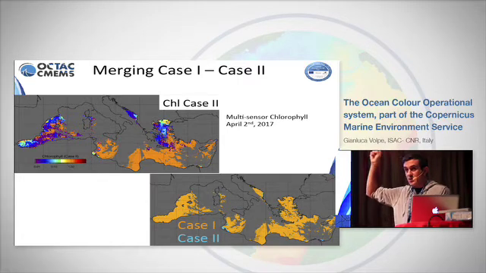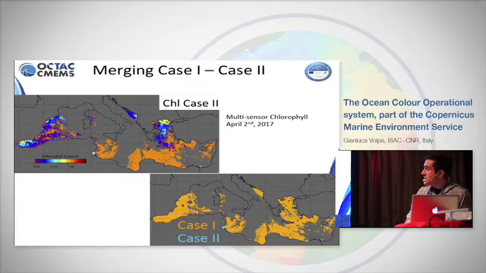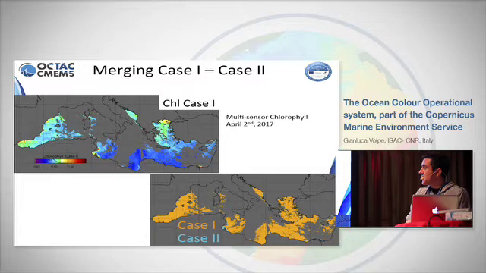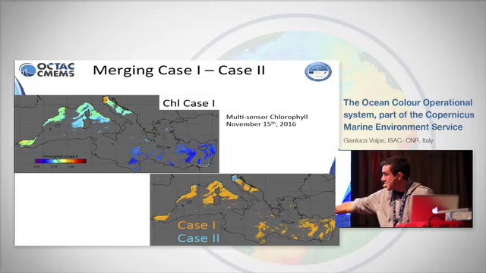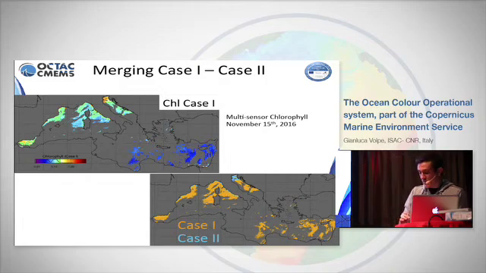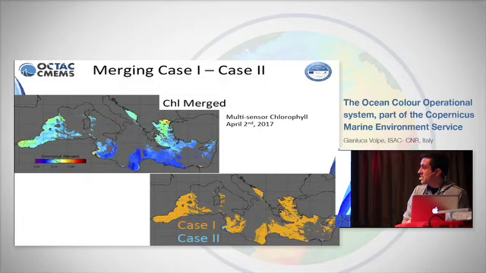Let's say the red curve in the previous plot. While this other one is the same satellite scene product when we apply the black curve in the previous plot. And when we merge them together, obviously you don't see so much difference apart from perhaps here in the Gulf of Gabes, south in the Libyan Gulf.